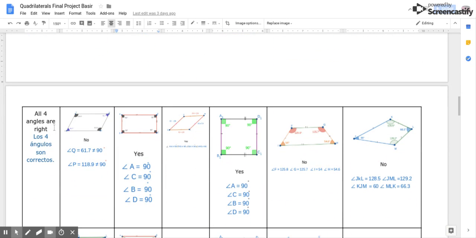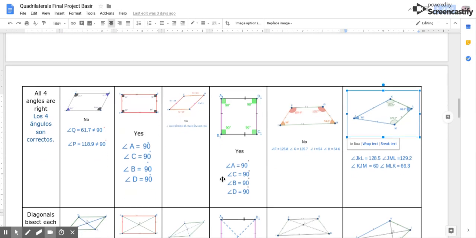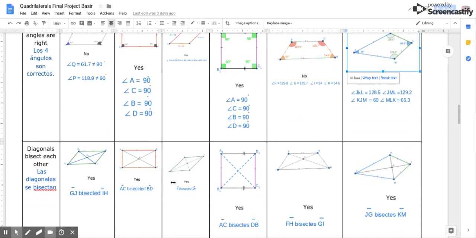All four angles are right. So in some shapes, like for example a square and a rectangle, all angles are 90 degrees. But in other shapes, for example a kite and a trapezoid, all angles are not 90 degrees.